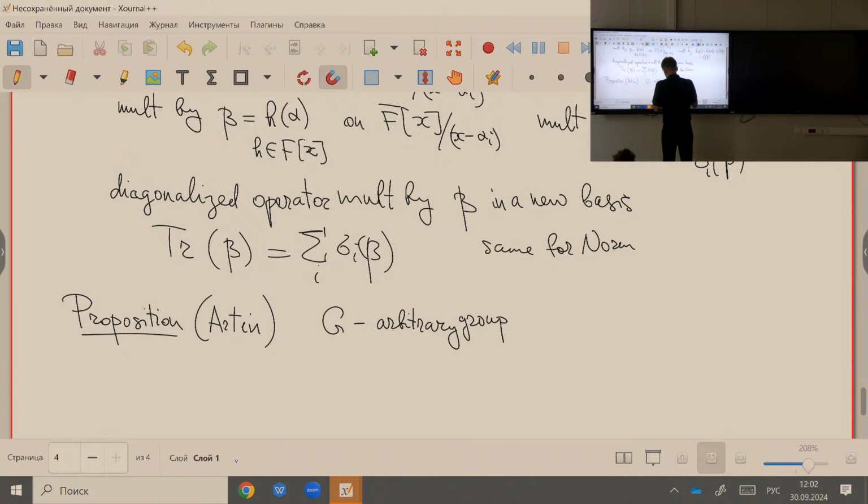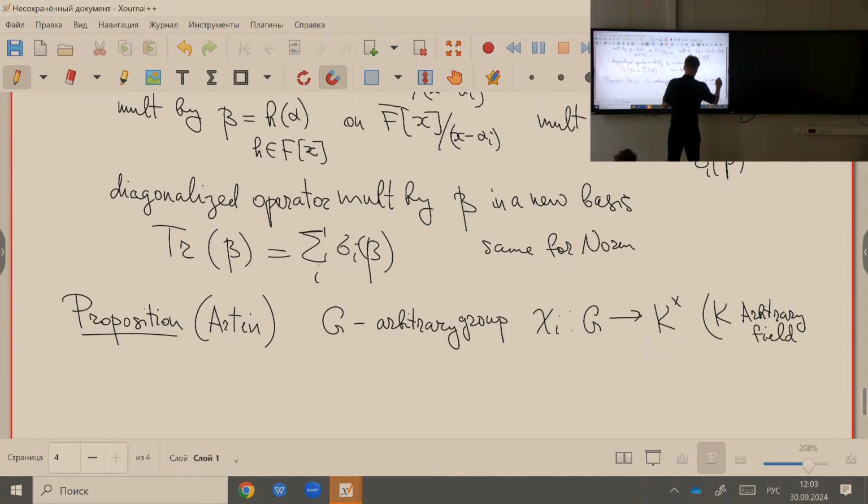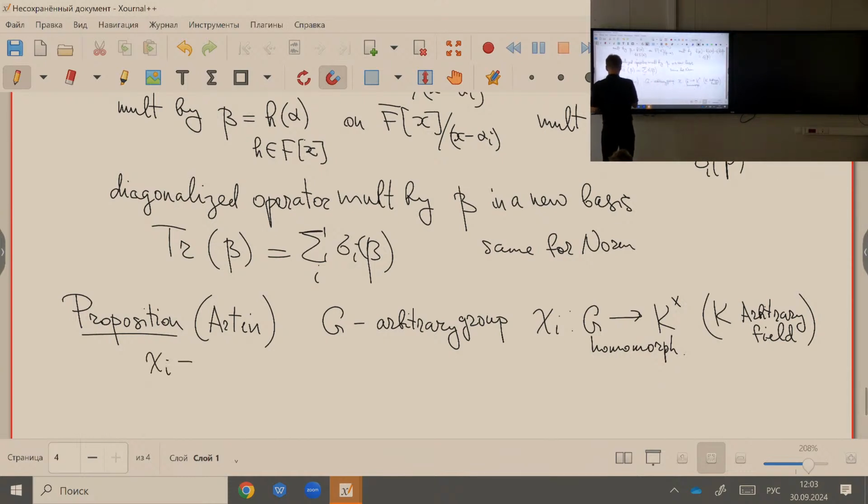Now we take chi_i characters, homomorphisms to the multiplicative group of a field K, where K is an arbitrary field, and chi_i is not equal to chi_j for i not equal to j, so they are pairwise distinct.